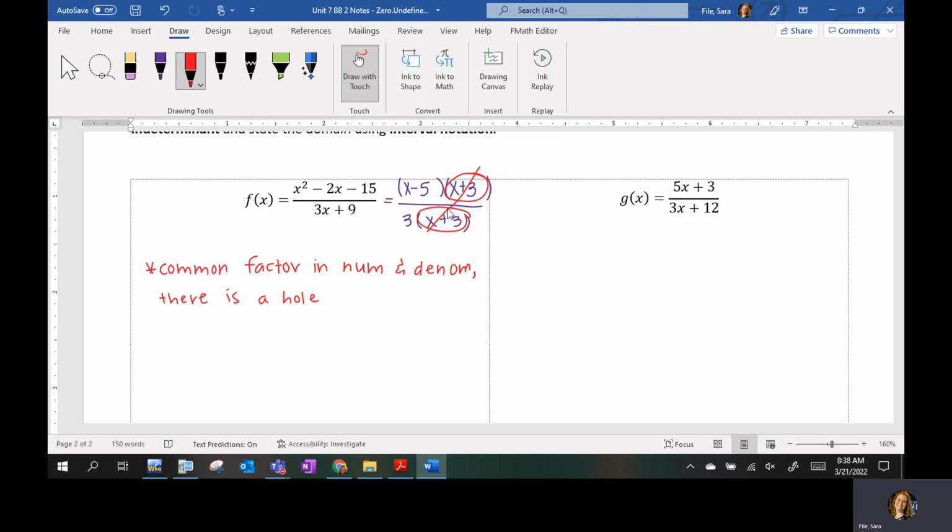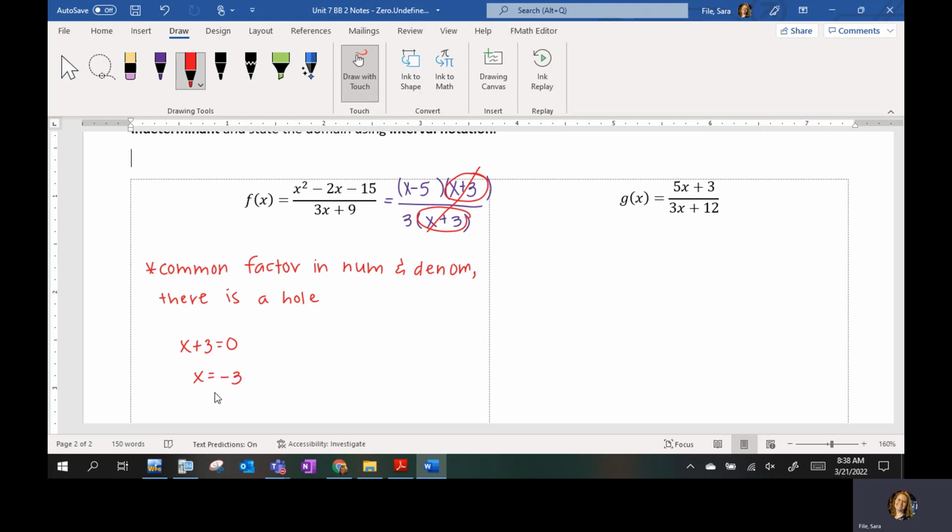Now what that means is there is a hole where x plus 3 equals 0. So what would x be? If I solved this for x, negative 3.